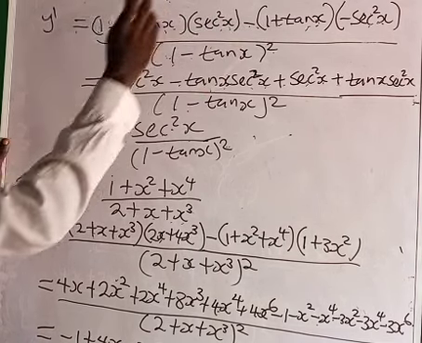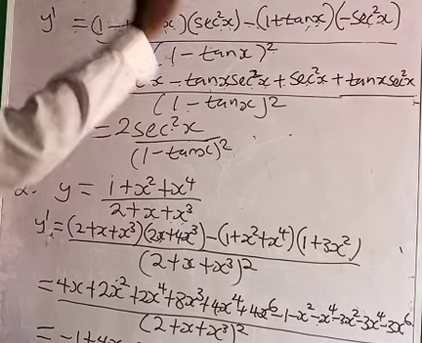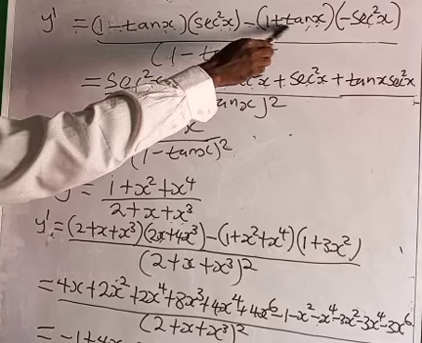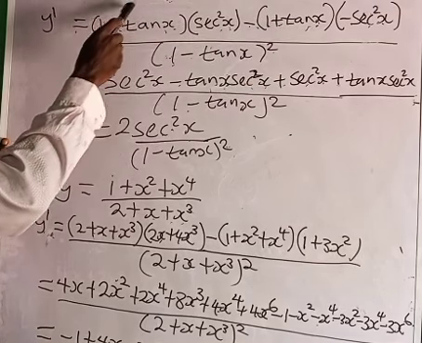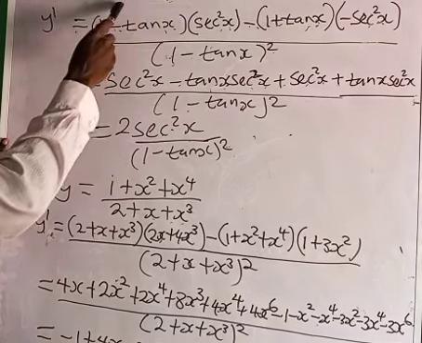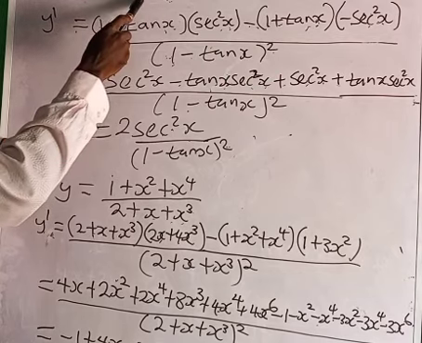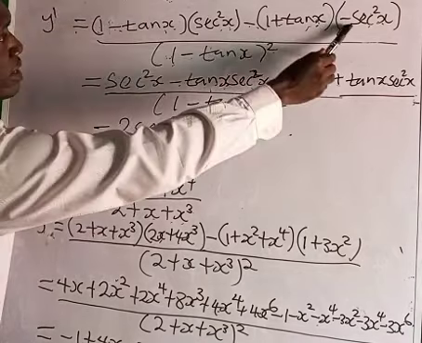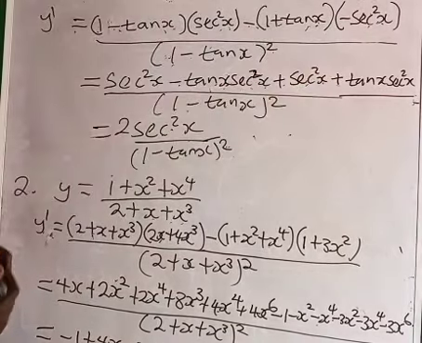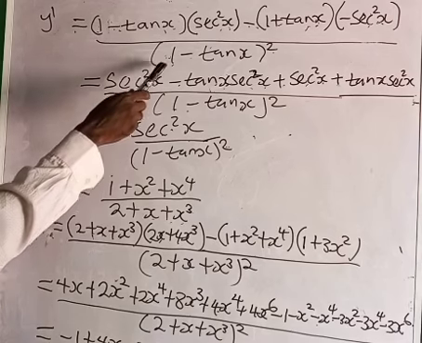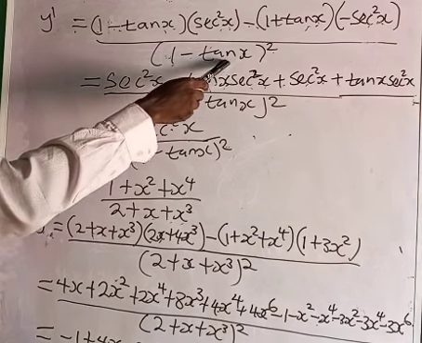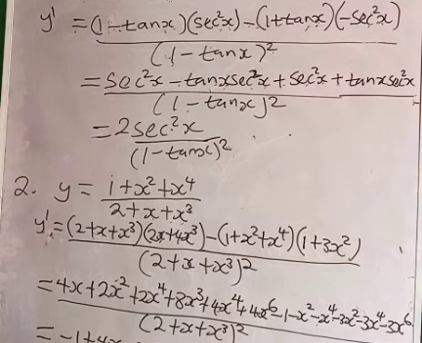Minus, this time around, keep your numerator as constant, 1 plus tan x. Now, differentiate the denominator. 1 again is constant. Minus tan x gives us minus sec square x, all over the denominator square, of course, which is 1 minus tan x all squared.